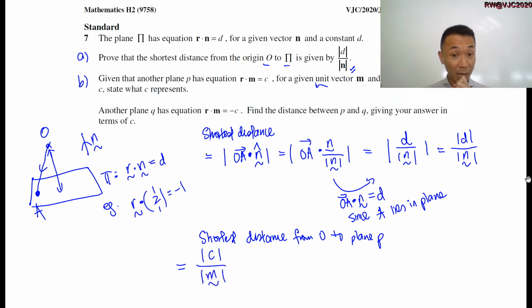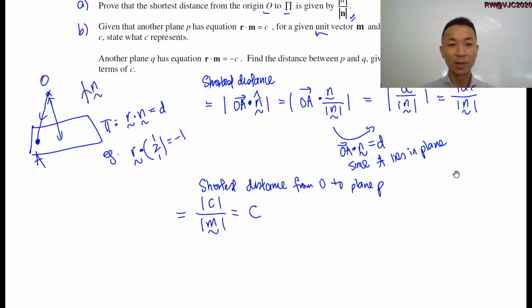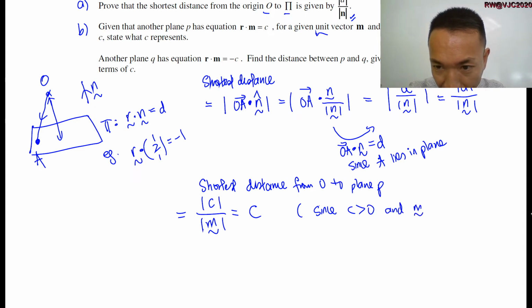Where c is a number, m is a vector, because m is the normal vector. c is a positive number, so no point taking mod of c. m is a unit vector, so the magnitude of m is just 1. So we better justify, we say since c is positive and m is a unit vector.